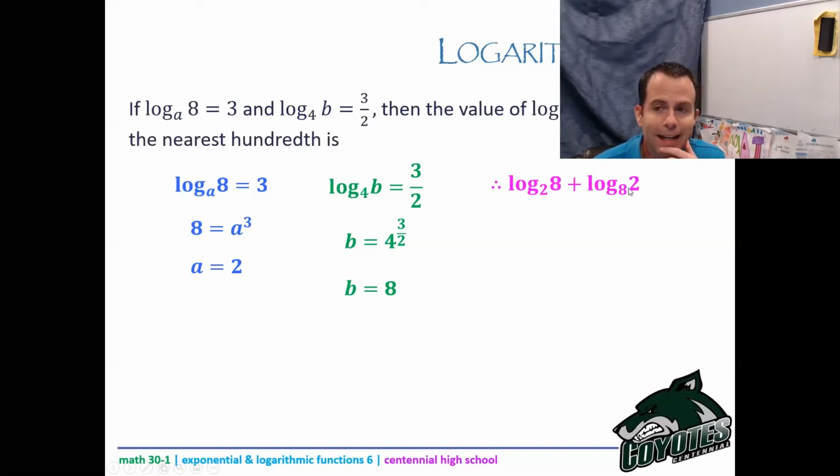This guy, if I want that to be a base 8, 8 to the what would give me 2? That's 8 to the 1/3 because the cube root of 8 is 2. So this becomes 3 plus 1/3. That gives me 10 over 3 because 3 is 9 over 3. Which is fine and dandy. That would be a beautiful exact value answer, but this particular question did actually ask you to round to the nearest hundredth, so that would be 3.33.